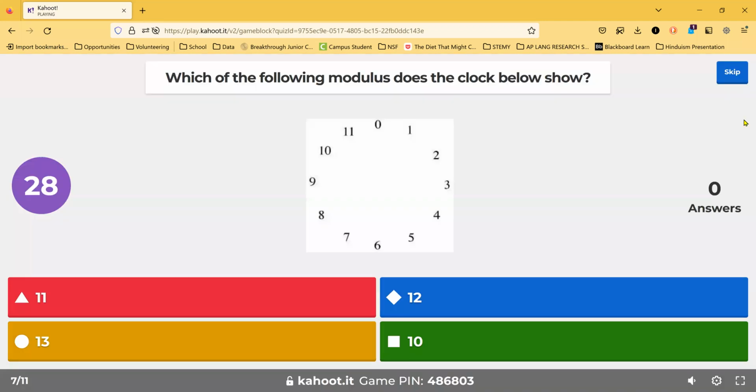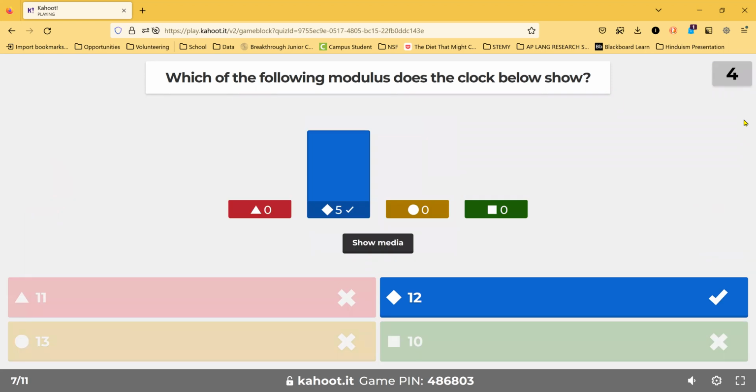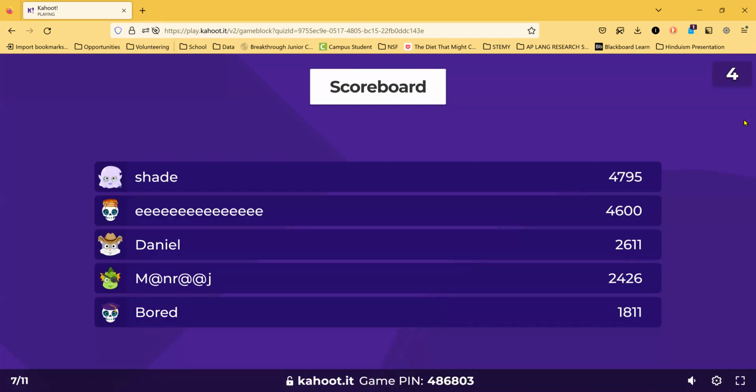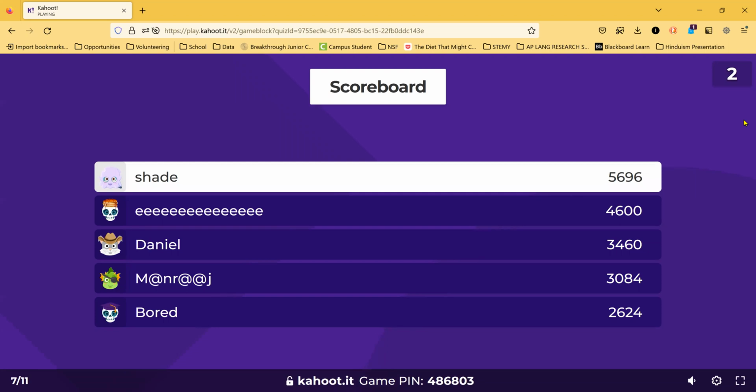Which of the following modulus does the clock below show? The answer is 12 because there are 12 sections, and also because it's every integer between 0 and less than 12.